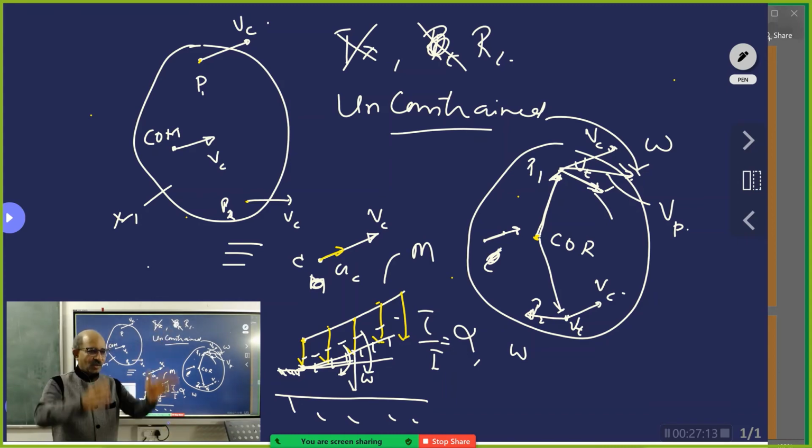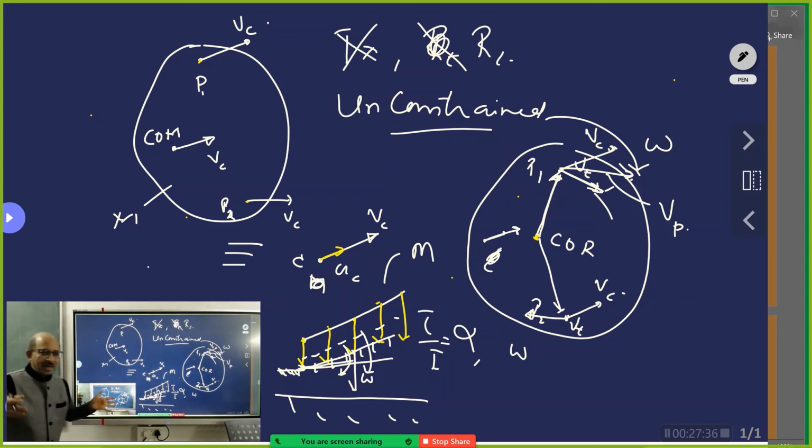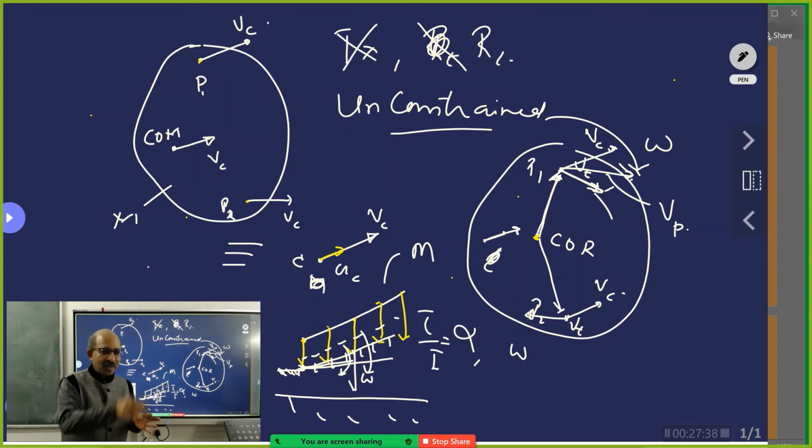The other day I asked you for an example of a frame of reference where the body is momentarily at rest, but it is accelerating. You started only talking about a train moving, a wheel rotating, because we are discouraging motions like this.